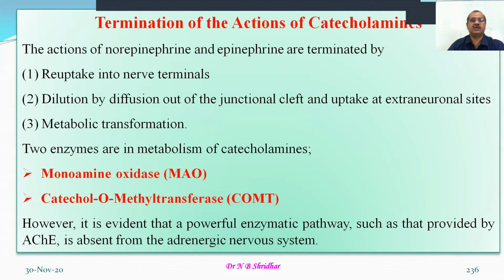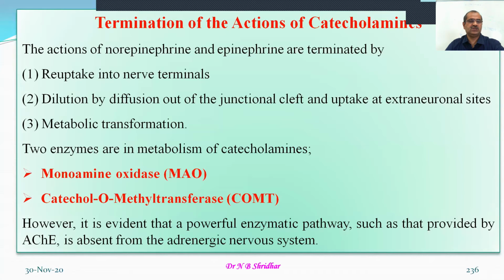Two important enzymes are involved in the metabolism of the catecholamines. The first is MAO, monoamine oxidase, followed by catechol O-methyl transferase, also known as COMT. However, it is evident that a powerful enzymatic pathway such as that provided by acetylcholinesterase is absent from the adrenergic nervous system.